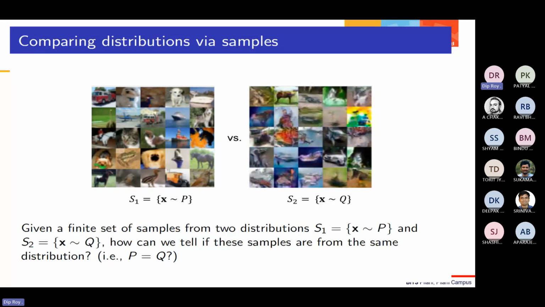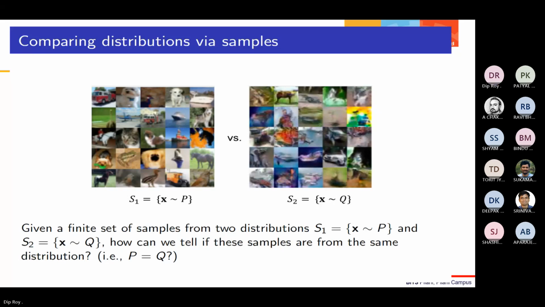Just concentrate on this: we have two separate distributions, and we are getting samples S1 from P and sample S2 from Q. Given a finite set of samples from the two distributions, how can we tell if the samples are from the same distribution?